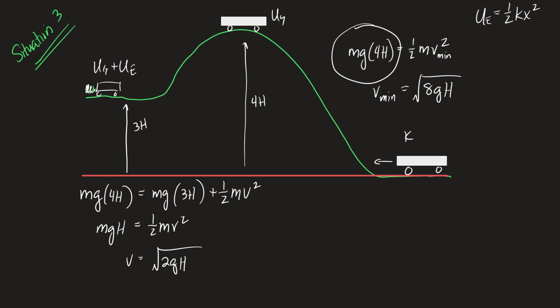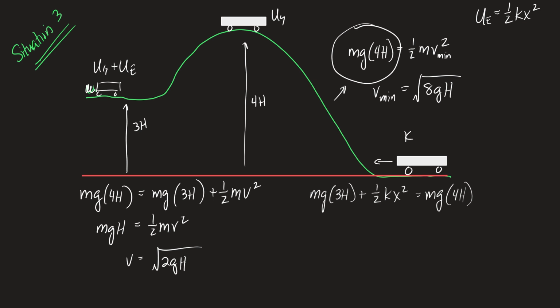So our total amount of energy is still mg times 4h. But now I have mg times 3h plus 1/2 kx squared equals mg times 4h. I want to solve that for x.